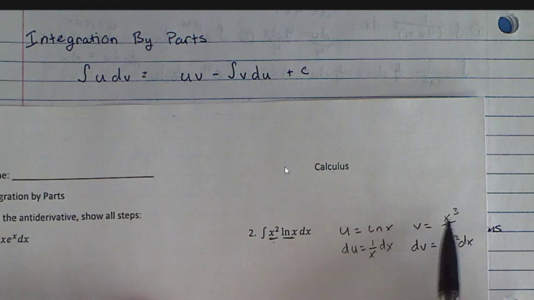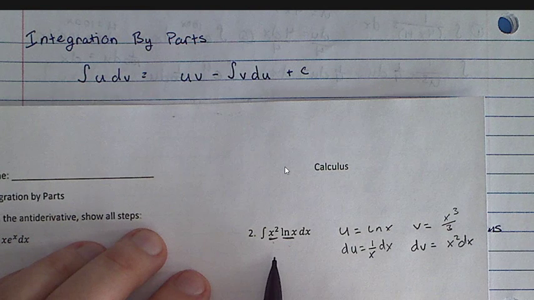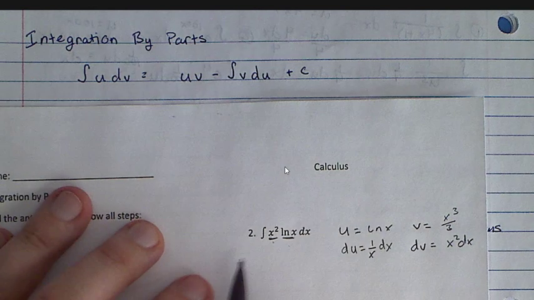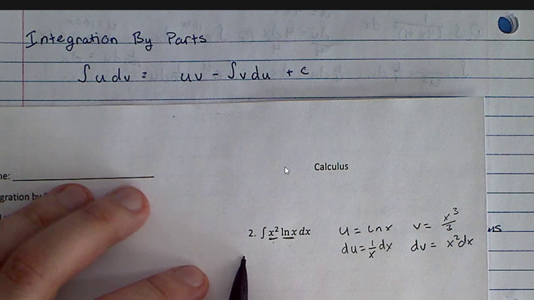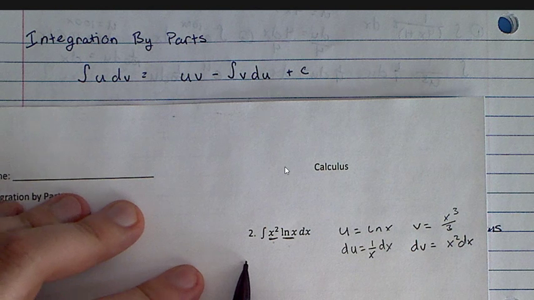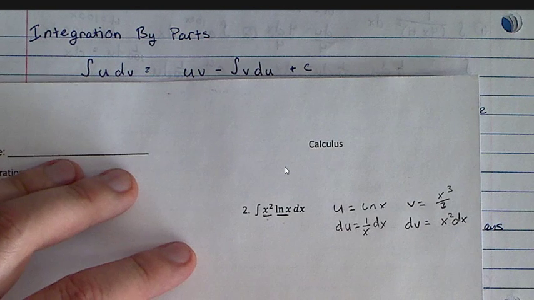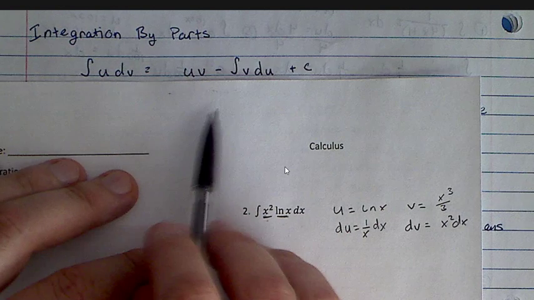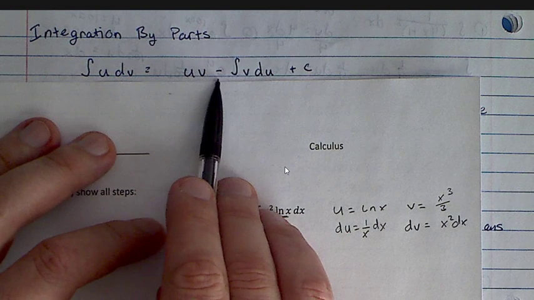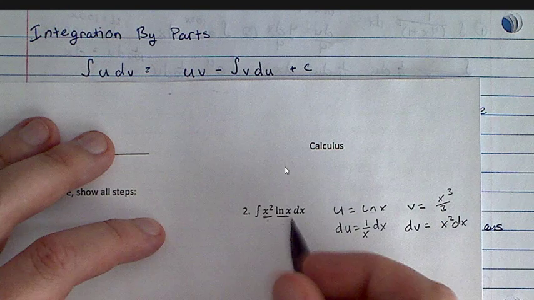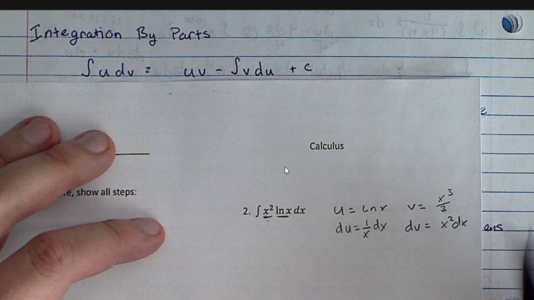Okay, cool. Sweet, this is going to work out. Over here, we're going to do uv minus the integral of v du. So uv is going to be ln x times that. I'm going to do the v first, just because I like having the x first.